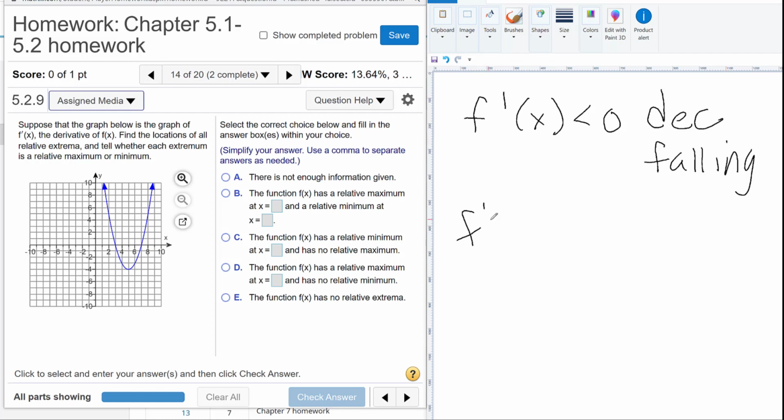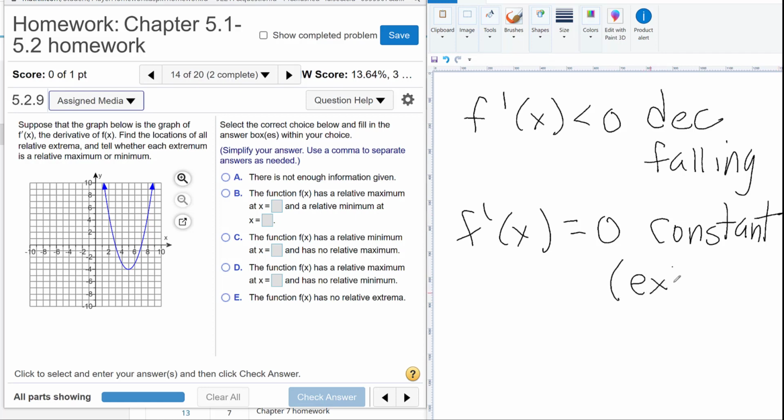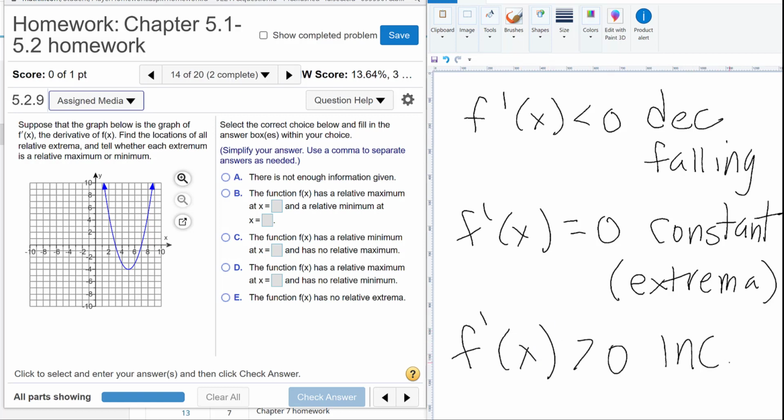If f prime of x is equal to 0, it's constant, not changing. And you're going to find out that that's also going to be an extrema at the point where it's 0. And you'll see that in a minute. If f prime of x is greater than 0, we've got an increasing function, so it's rising.